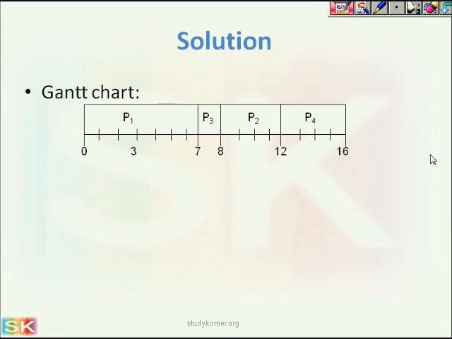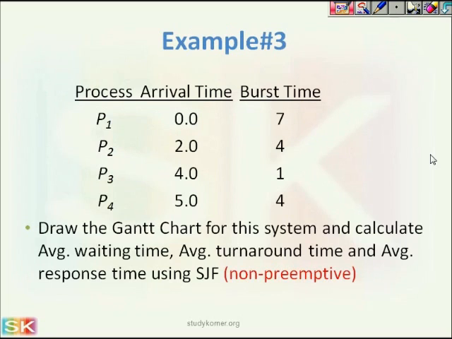Why? Because at time 0 only P1 is there. At time 0 only process P1 is available in the system, right?